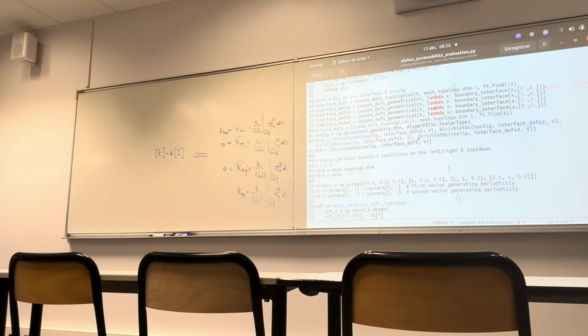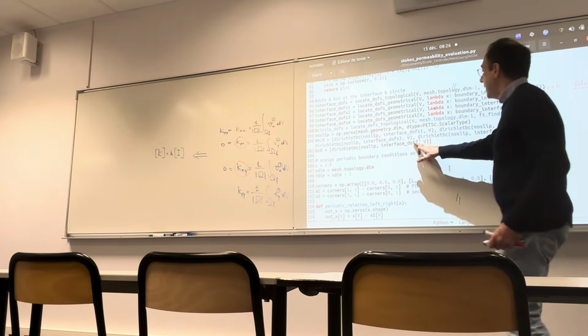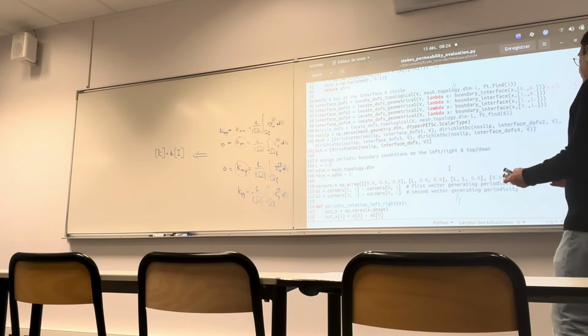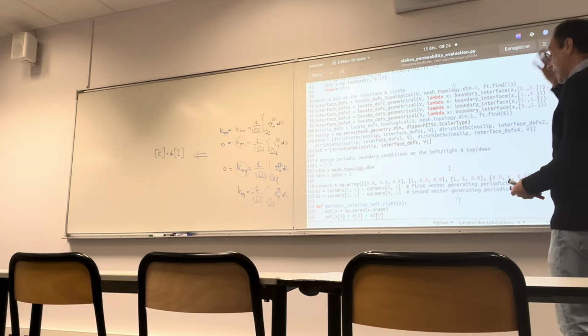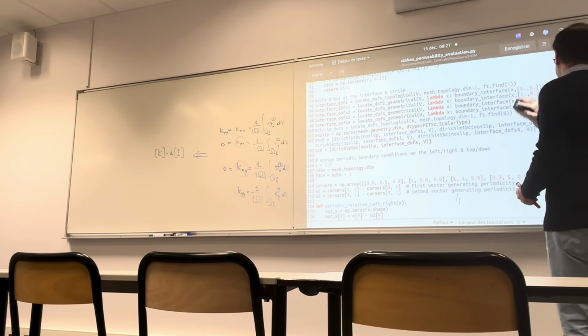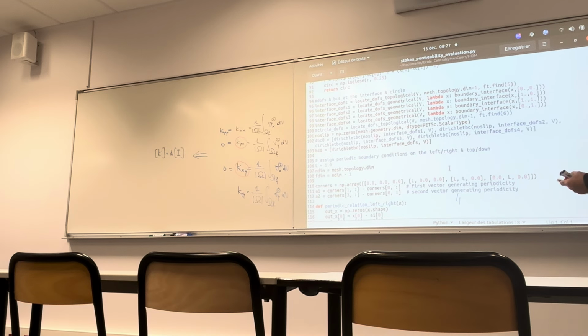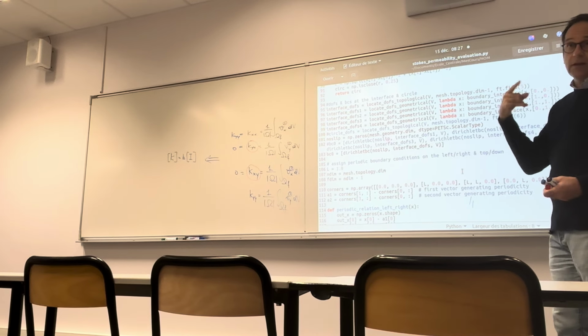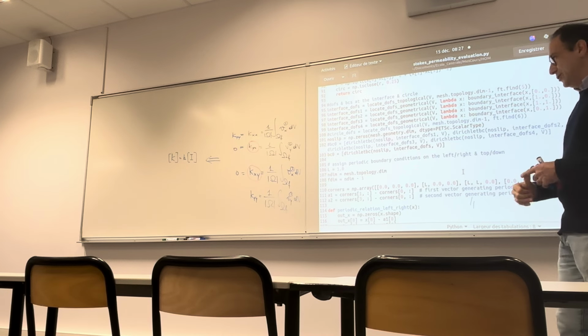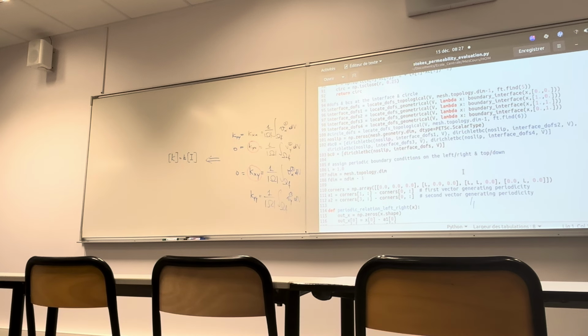So you can do this in two ways. The point is, if you remember, we characterize the region where to assign zero velocity directly by giving it a label in the GMSH file, which was the label 5.